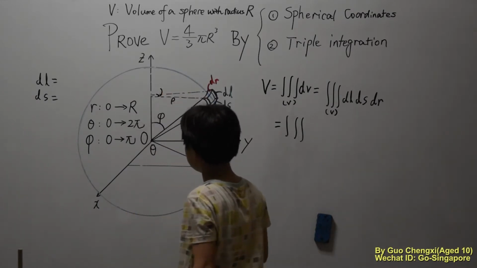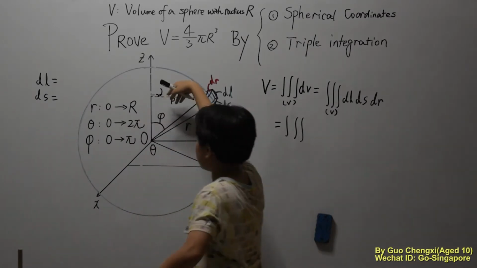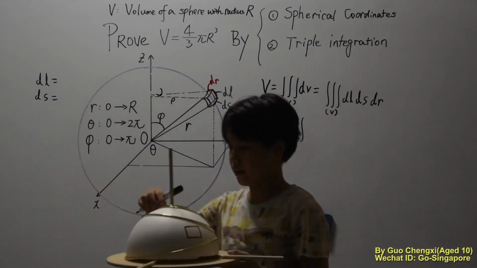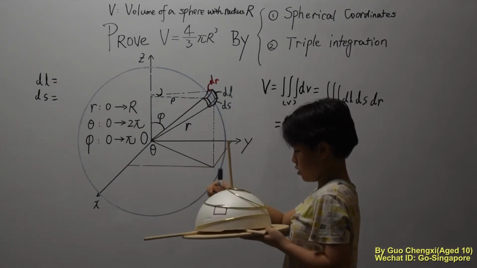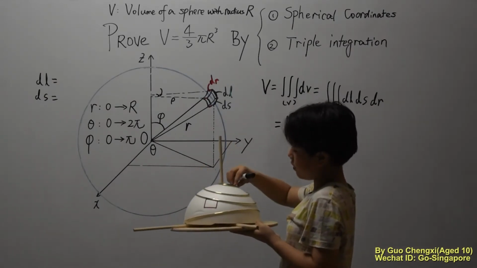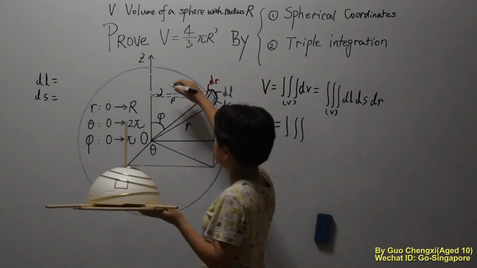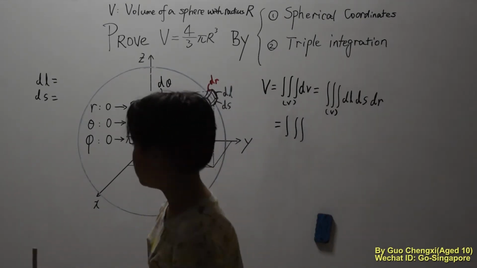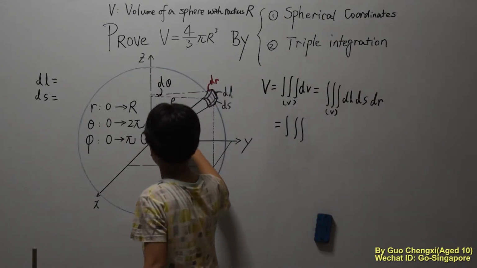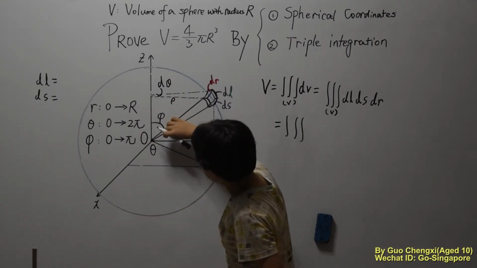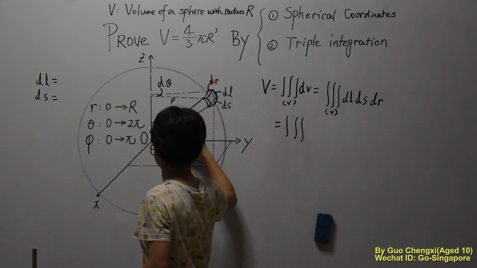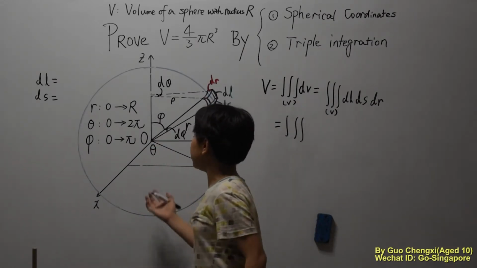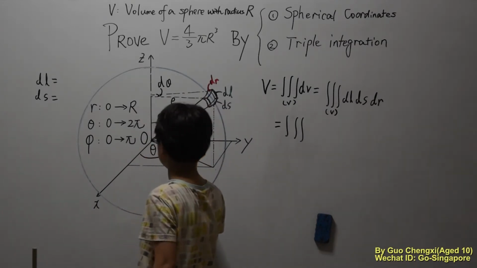Because this is 3D, you have to imagine the projection from over here down here, so this part will become d theta, okay? Then what about this angle? This is basically the extra bit, so it is d phi, okay?